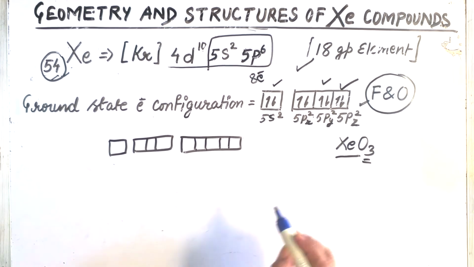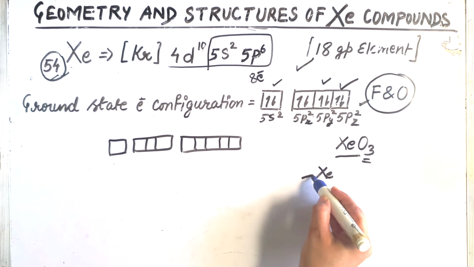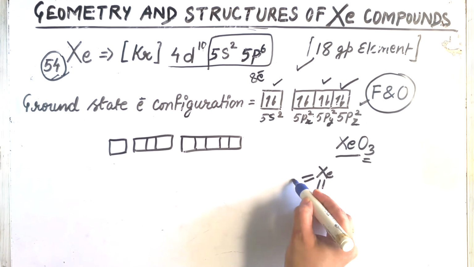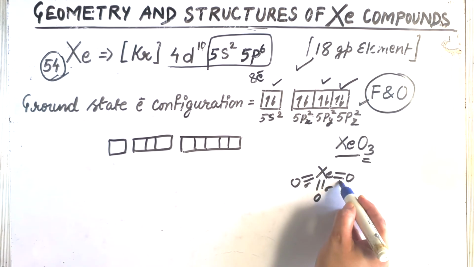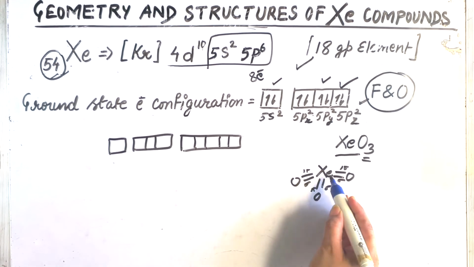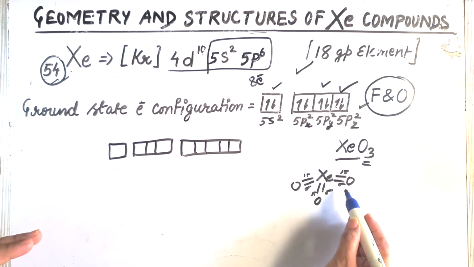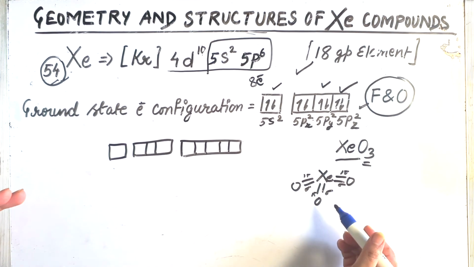In the case of oxygen, one thing you have to understand is that oxygen always makes 2 bonds. We know that the first bond is the sigma bond, and the second bond is always the pi bond. So this xenon is going to attach with the oxygen with 2 kinds of bonds. One bond will be the sigma, and another bond will be the pi bond.